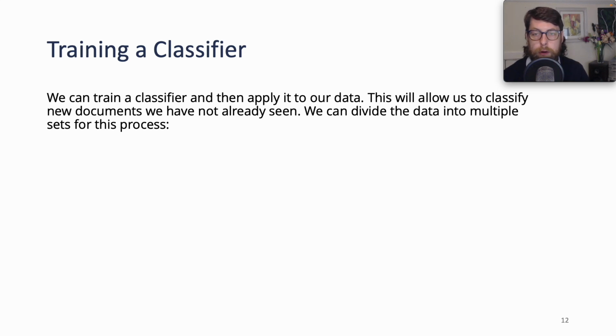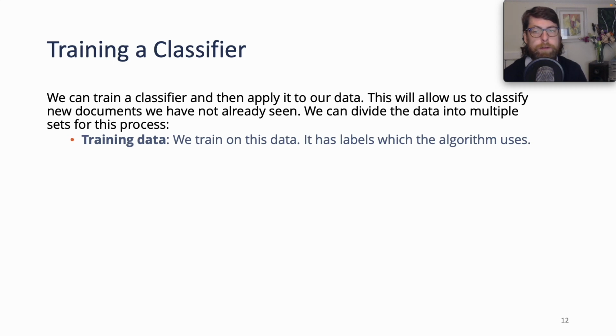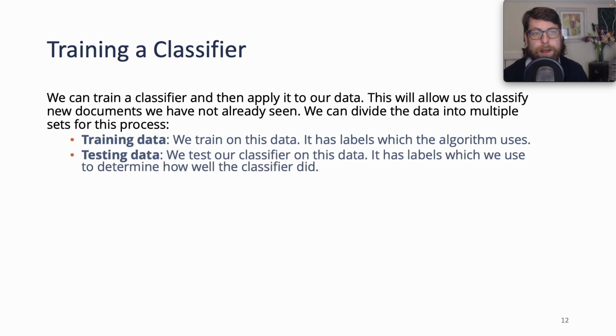And so in order to do that, we're going to want to divide the data into multiple sets. So first is the training data. We're going to want to train on this data, and that's going to give us a sense of the probabilities of certain words as they appear in the data. Do we commonly see this word in this group of text? Do we commonly see this word in that group of text? Then we're going to want to test that data.